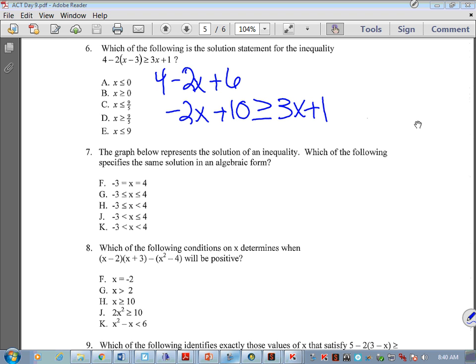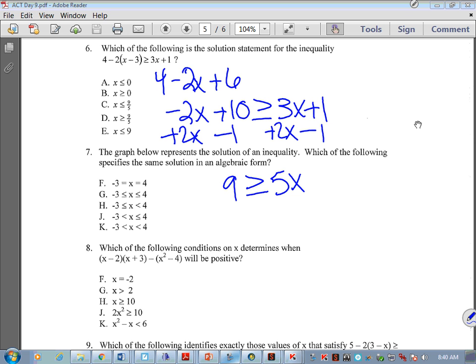Let's start moving things around here. What do you want to move first? Add 2x to both sides. And subtract 1 on both sides. Okay. So that's going to give me 9 is greater than or equal to 5x. Correct? Okay.